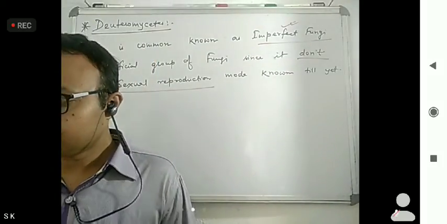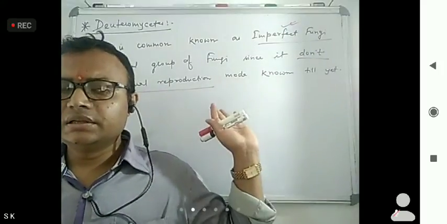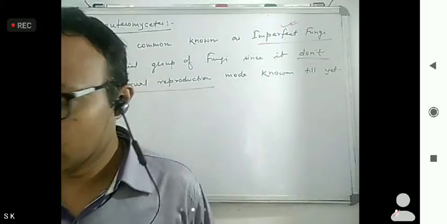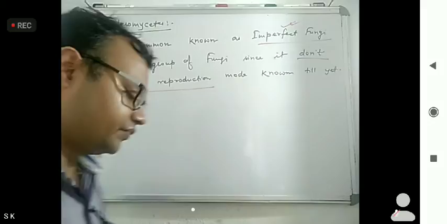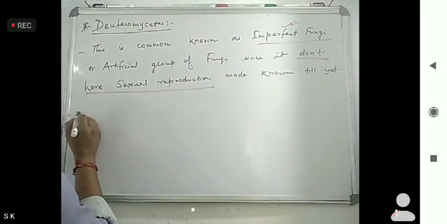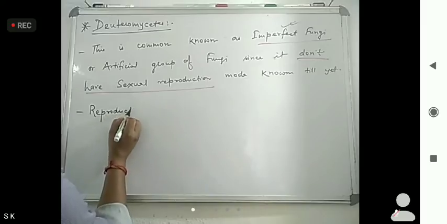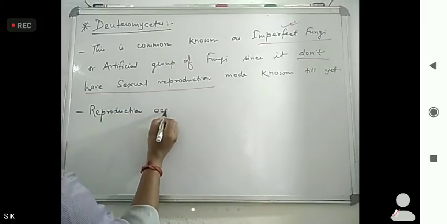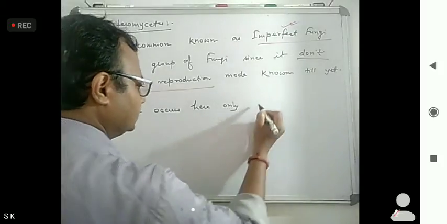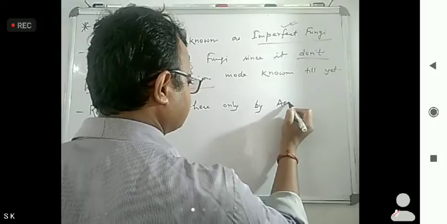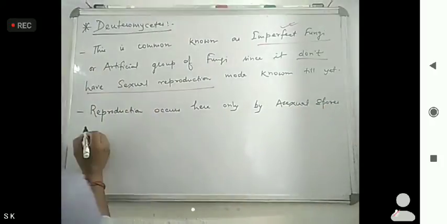Now then what happens here in Deuteromycetes? Conidia, only asexual spores are formed, that is conidia. So reproduction occurs here only by asexual spores, conidia.